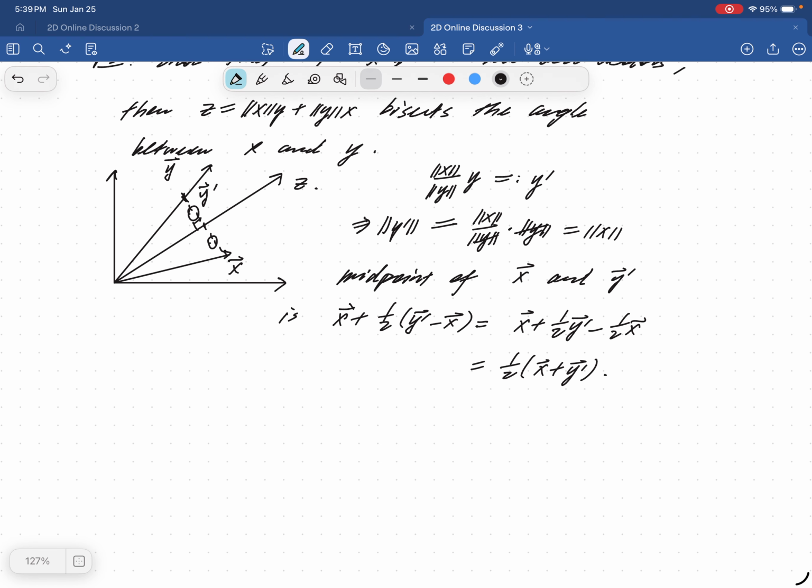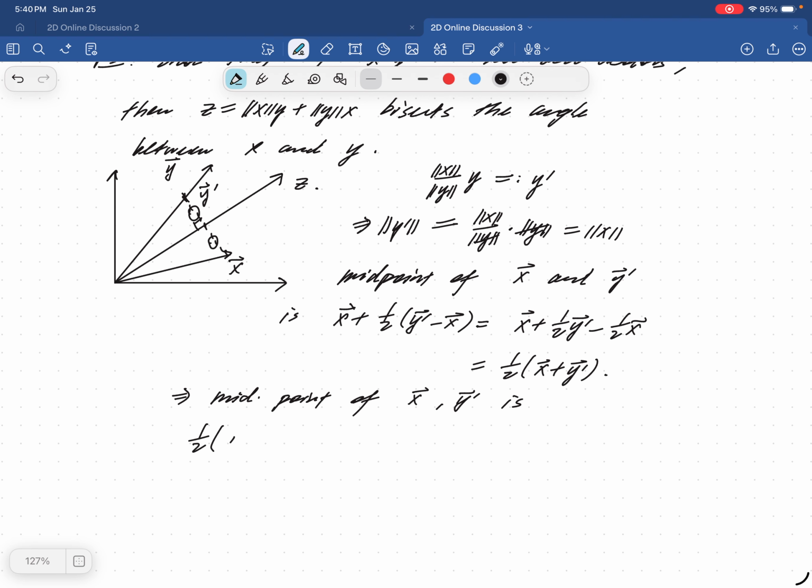And we can calculate this explicitly. So the midpoint of x and y prime is 1/2 times x plus norm x over norm y, y. And this is this vector.